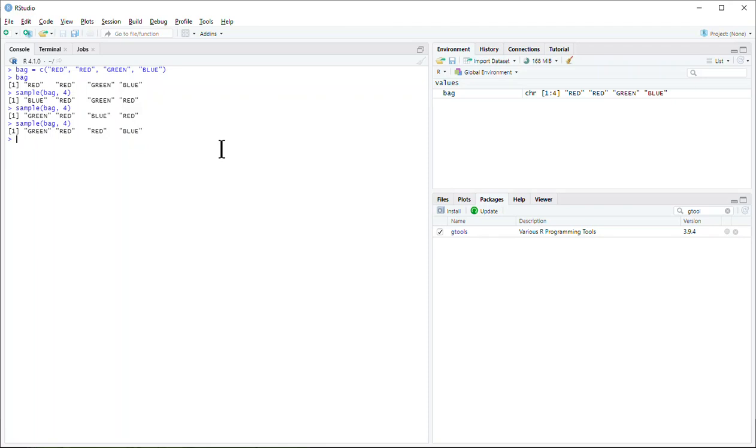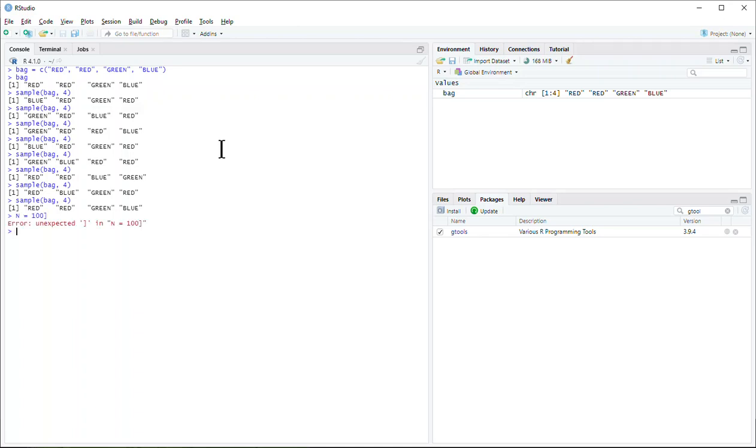Obviously, I don't want to keep pushing this over and over and over again to show the different combinations that I could get of the 2 red, the green, and the blue. So I want to use this replicate command. I'm going to make n equal to 100. Now I can use the replicate command.